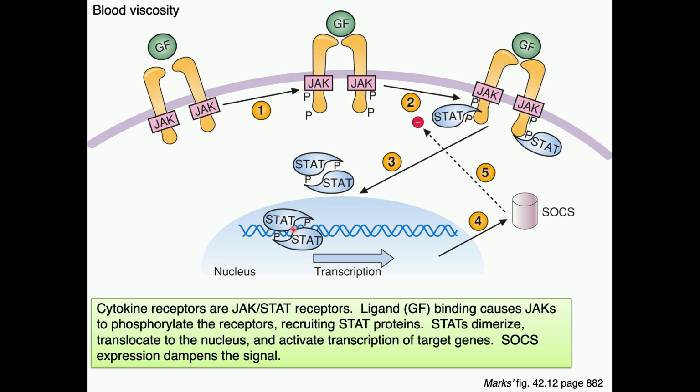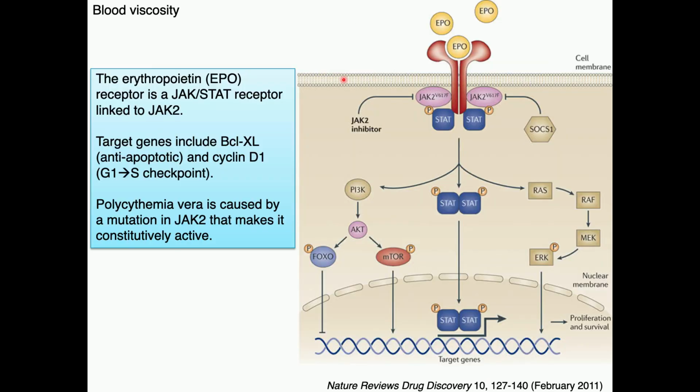Okay, and with respect to the bone marrow precursor cells that are being stimulated by erythropoietin, there are anti-apoptotic genes and pro-proliferation genes like cyclin D1 that are under control of the JAK2 stimulus. Okay, so this is just a general scheme of how JAK-STAT receptors work, and then the specifics of the erythropoietin receptor: that's a receptor complexed to two of these JAK2 subunits. Okay.